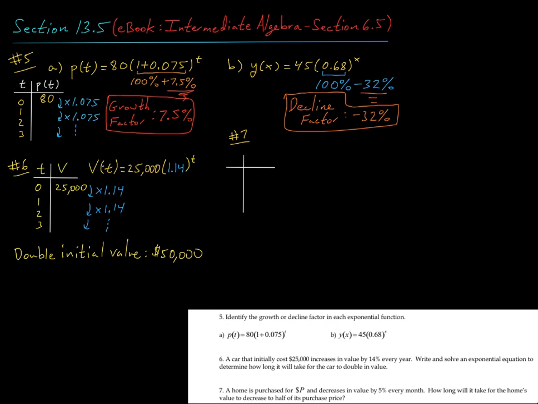I'm just going to set the value v here to $50,000, and then I'm going to solve the resulting equation. So we have that 25,000 times 1.14 raised to the t power is going to equal 50,000. Now let's go ahead and divide both sides by 25,000.